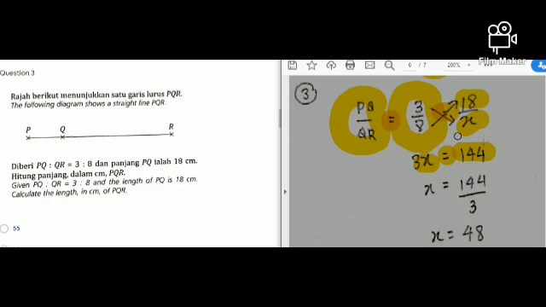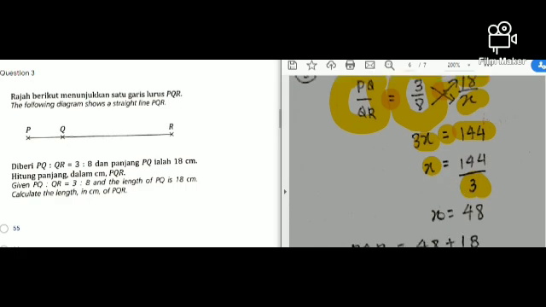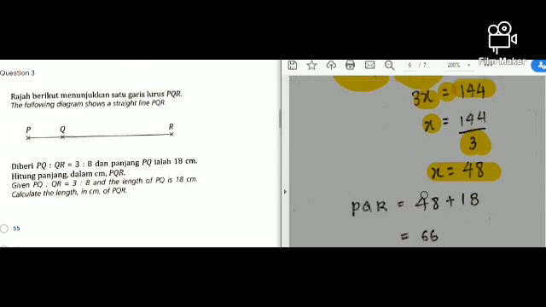The question just wants x, so let x be here, and 144 you must divide by 3, because when this 3 changes to the other side, it will become division. So you will get x is 48. But remember, the question asks for the length of PQR, which means you must add 48 to PQ, which is 18. So the final answer is 66.